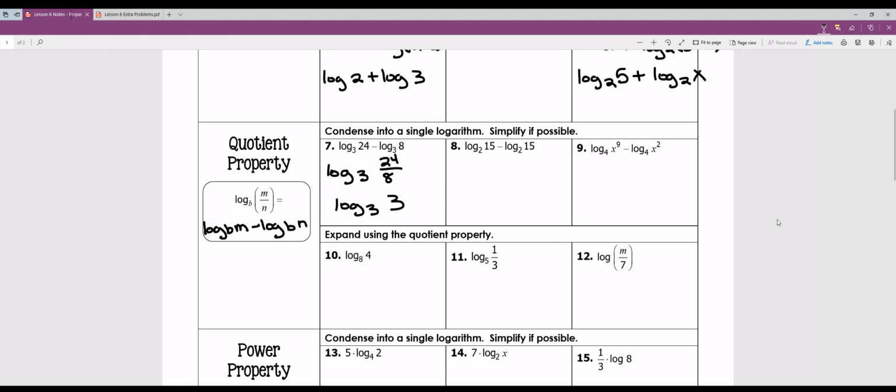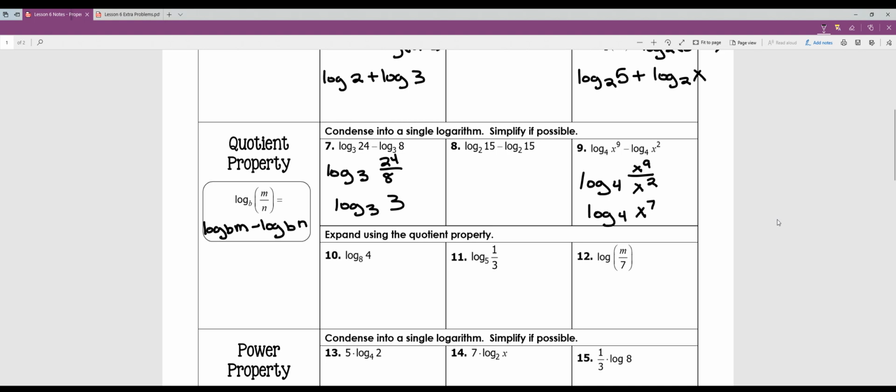Log base 4 of x to the 9th minus log base 4 of x squared. I have the same base, so I can rewrite log base 4 of x to the 9th divided by x squared. Now remember, from our power rules, when I'm dividing like terms, I subtract their exponents. So this simplified is going to be log base 4 of x to the 7th power. So that's going from subtraction to quotient.